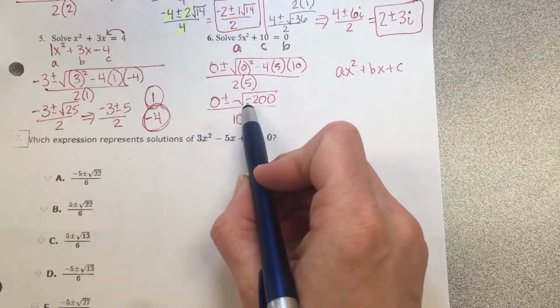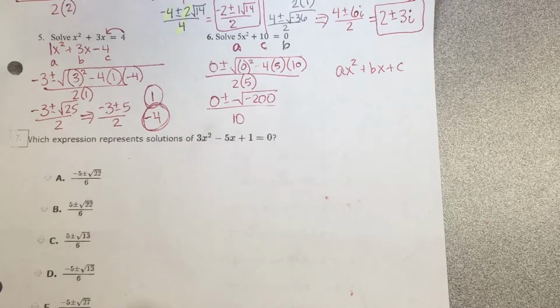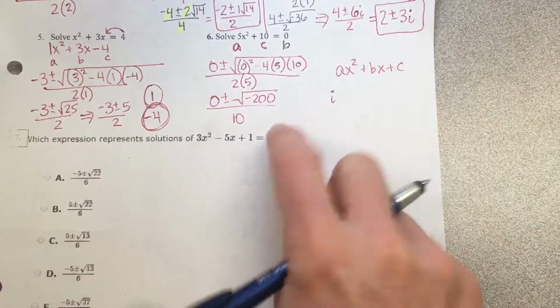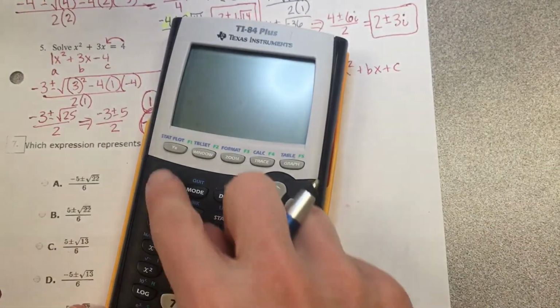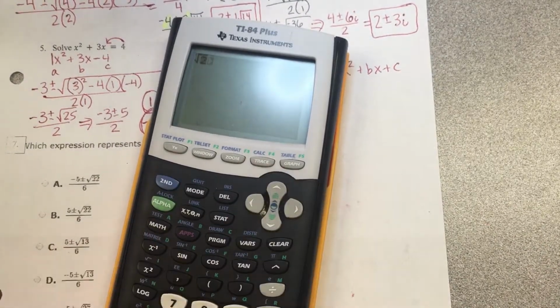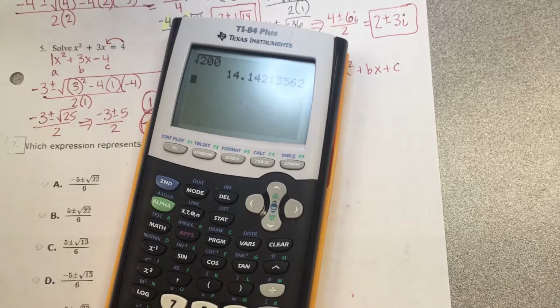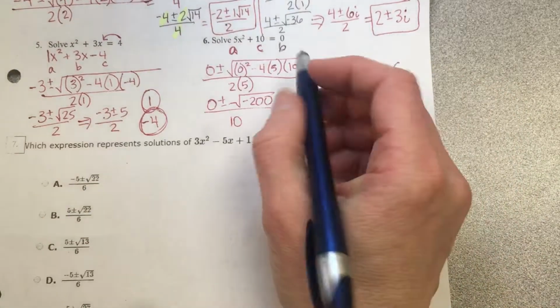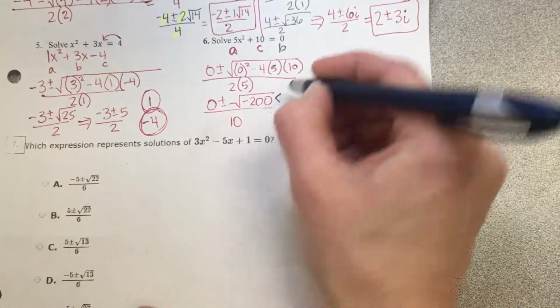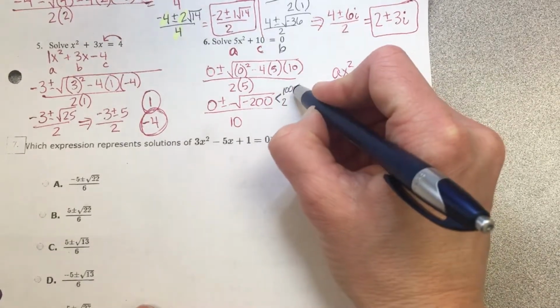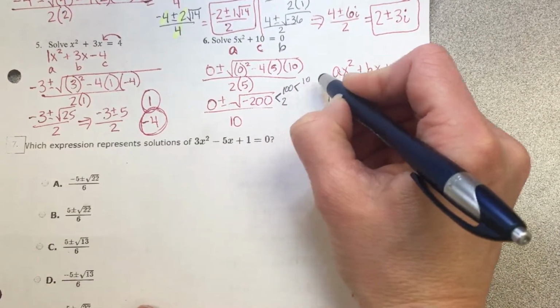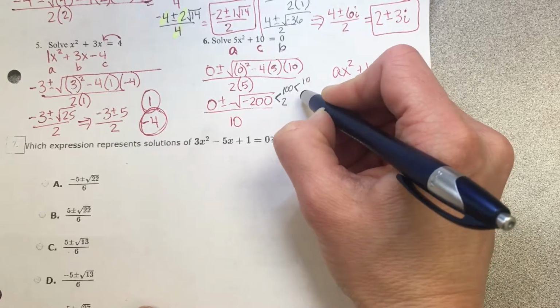All right, if there's a negative under there, you've got to pop out an i, so you know there's going to be an i in there. What about when you type in square root of positive 200? Is it perfect? No. Okay, so we have to break it down. 100 times 2, and then 100 breaks down to, let's do the easy way, 10 times 10.